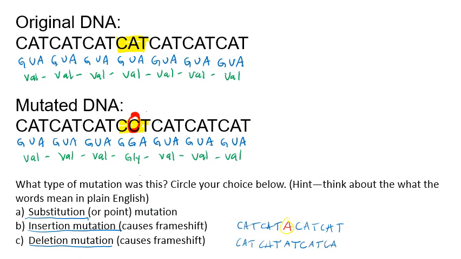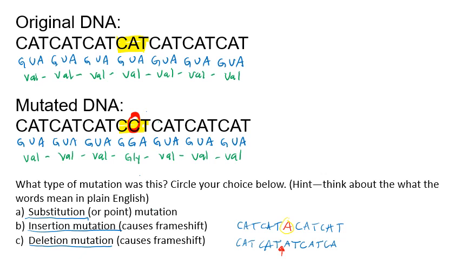But since we erased a letter right here, now the sentence doesn't make sense again. We have CAT, CAT, ATC, ATC, ATC, and so on. So the insertion and deletion mutations are really bad because they cause all of your letters to move around.